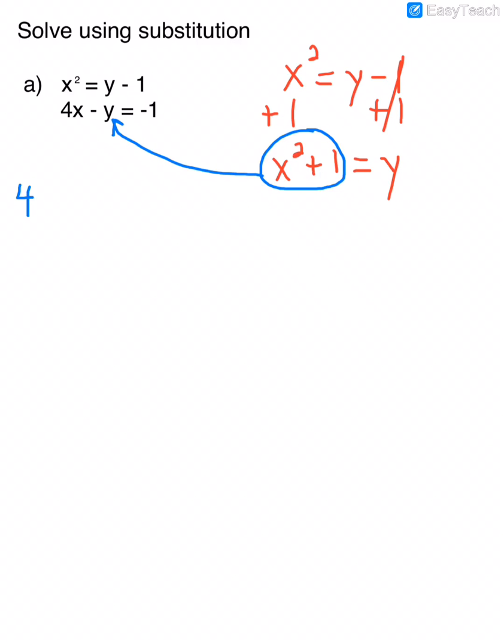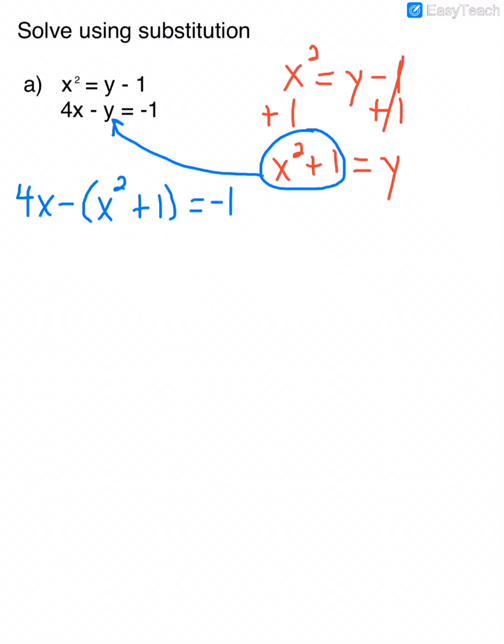Let me rewrite the equation and substitute in the x squared plus 1. So I have 4x minus, and now I'm replacing y with x squared plus 1, equals negative 1. Now, I replaced y with x squared plus 1, but y was negative, so I need to distribute that negative to both of these terms.